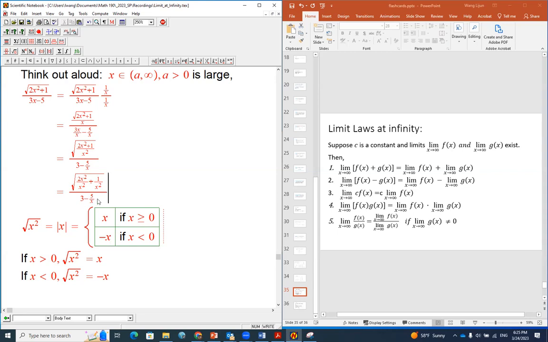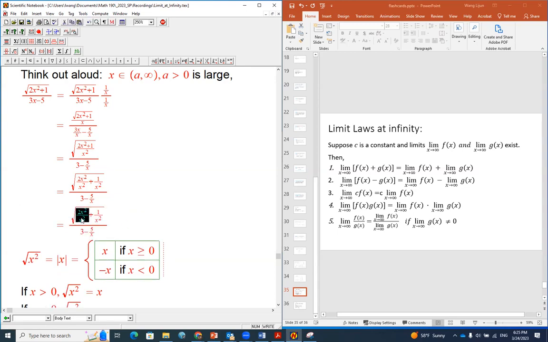Now we have 4 limits under consideration: the limit as x approaches infinity of 3, the limit of 5 over x as x approaches infinity, the limit of that piece, and this is really 2. So I'm going to write down one more step.